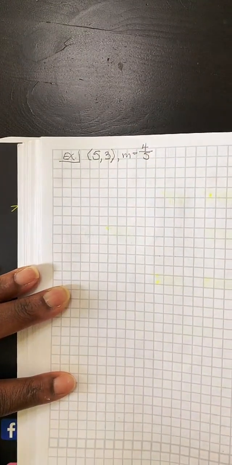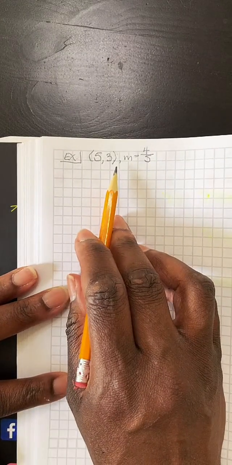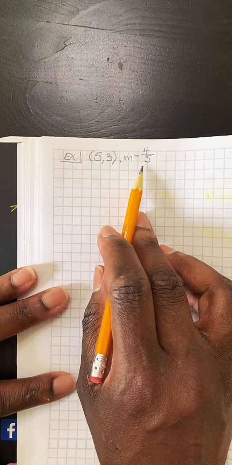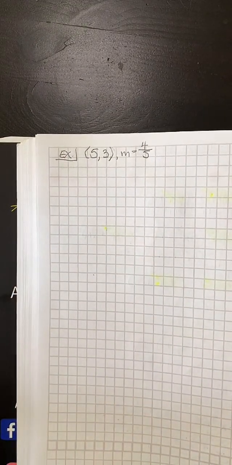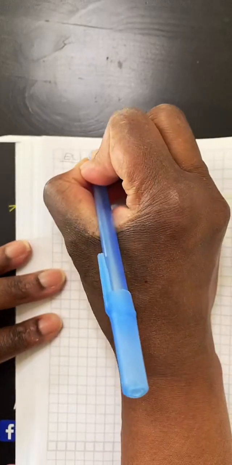So they gave us the point (5, 3), and our slope is 4/5.